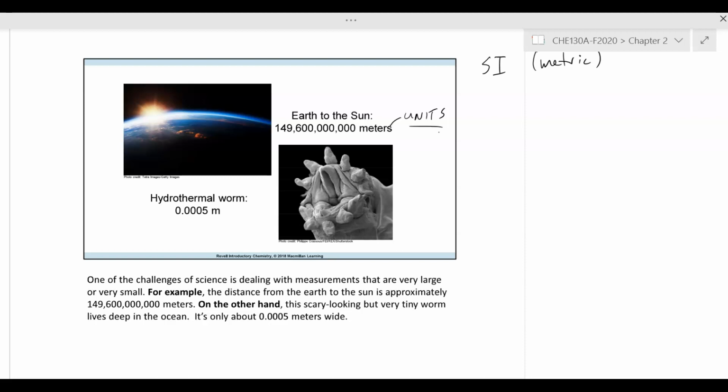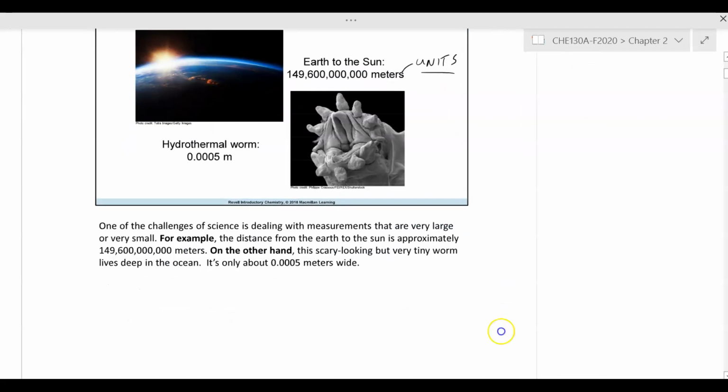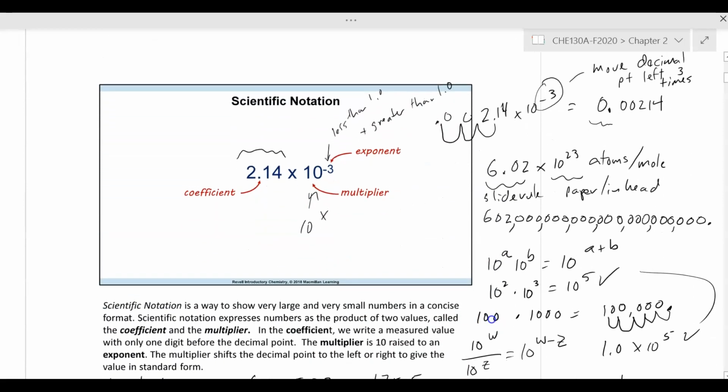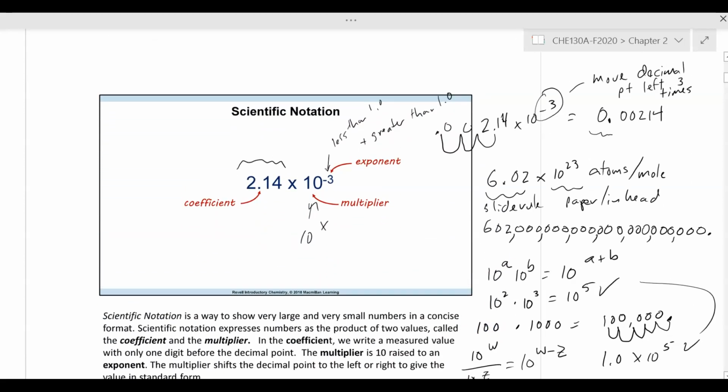So we'll learn a little bit about using these measuring units and converting back and forth between them and dealing with very large and very small numbers. The way that we express really large or really small numbers in science is through something called scientific notation. In scientific notation, you've got some number that I'm going to just write as x dot x, and that number, which might be different numerals there, is going to be between 1 and 10.